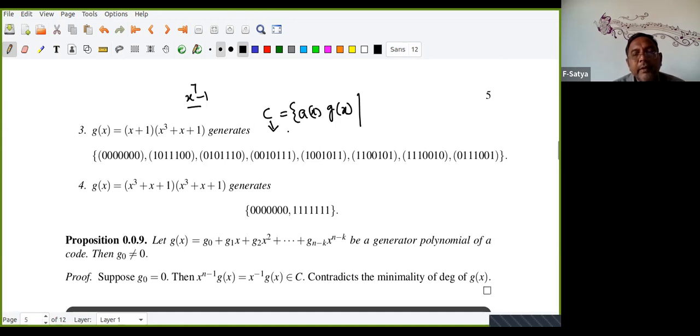At most 6, right? Already g of x is degree 6. Then what is the degree of a of x? a of x is a constant polynomial, right? So this is simply a times g of x. What are the possibilities for a? 0 or 1, right? But what is the code corresponding to this?